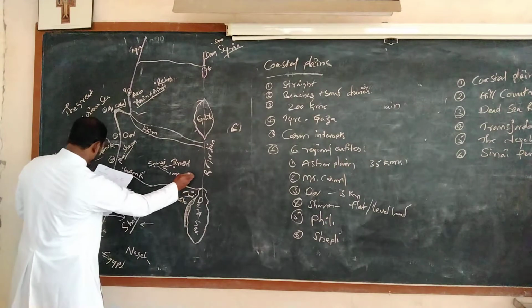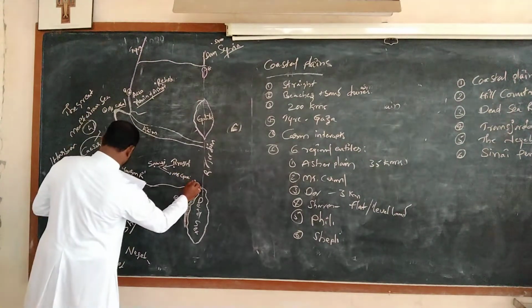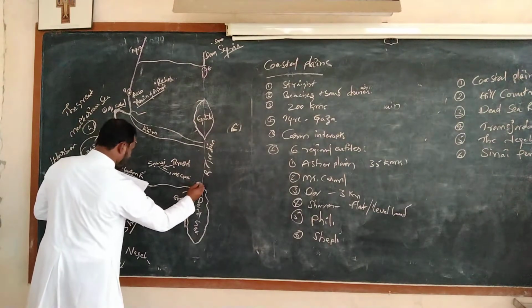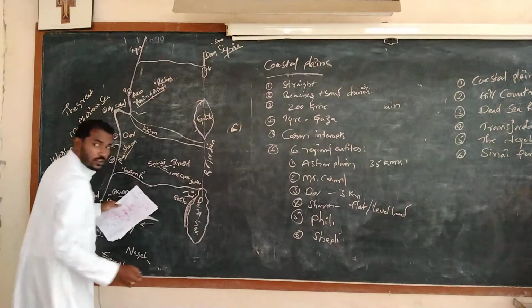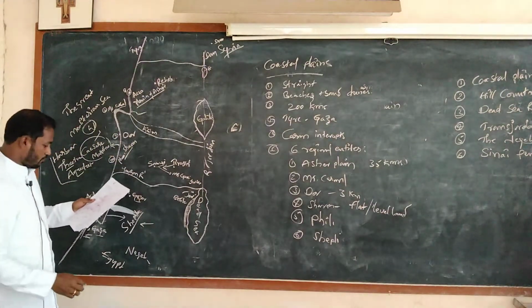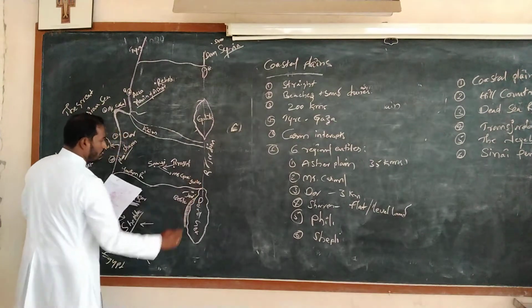Here is Jericho, just beside the River Jordan, which means the upper part of the Dead Sea.